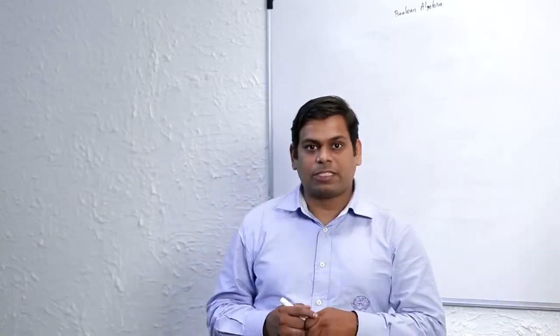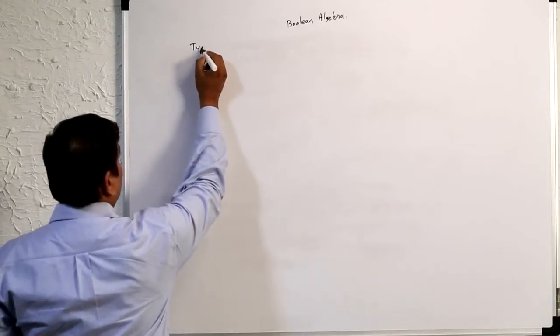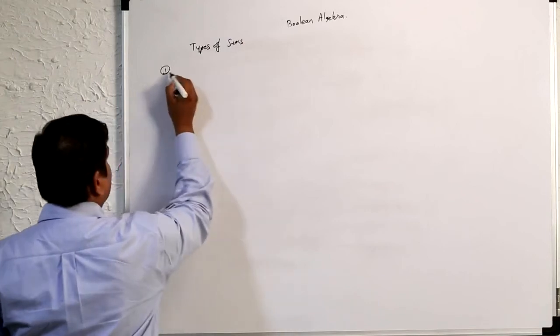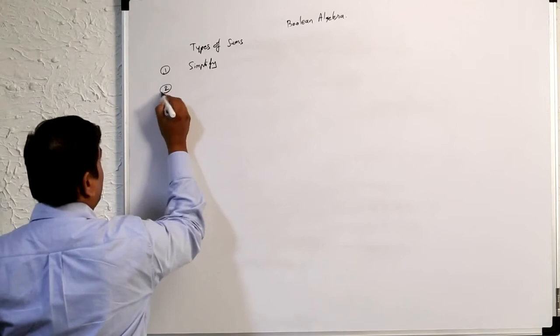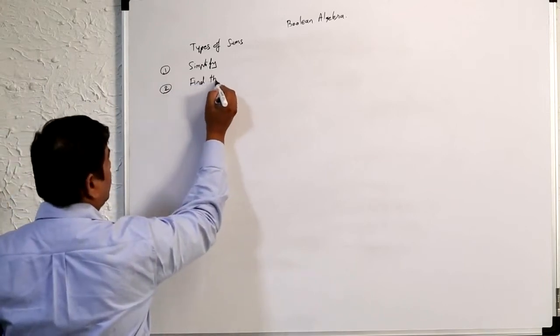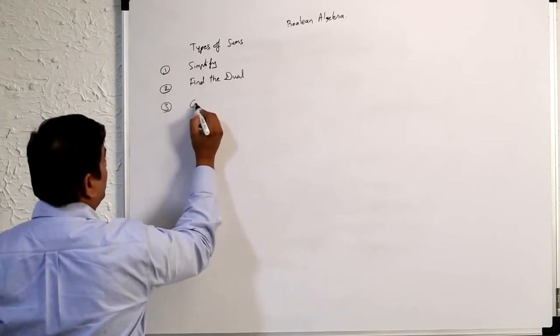Now let us see the first type of sums. The types of sums are: first, simplify. Second, find the dual. Third, complement.